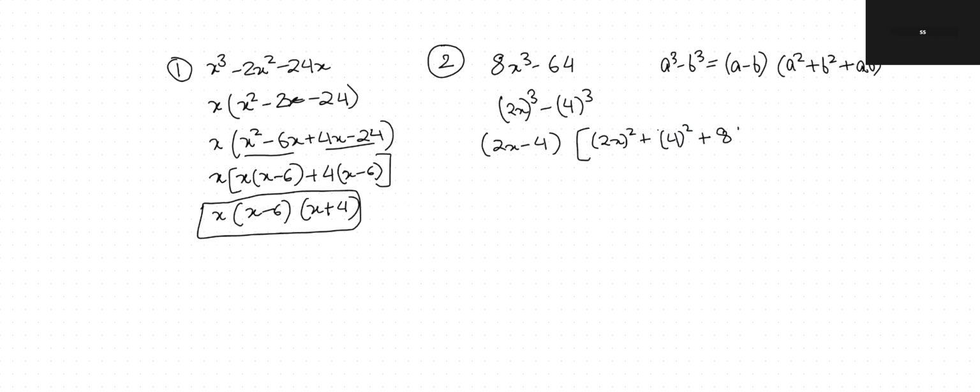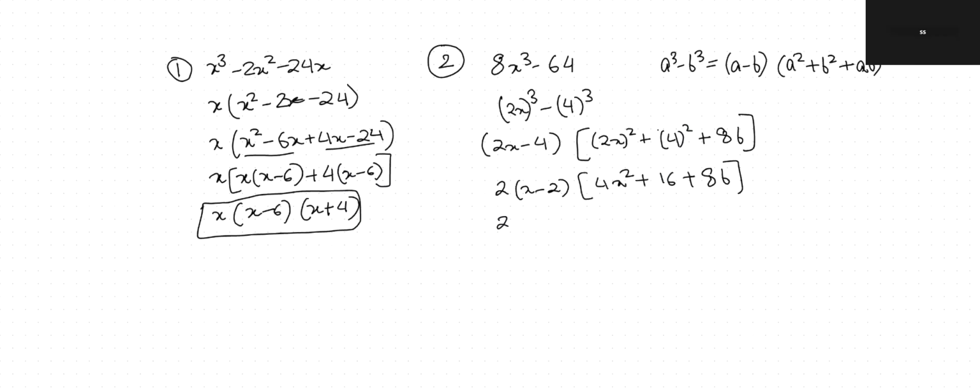Okay. So this will give us 2, we'll factor 2 out. Okay. And this will give 4x squared plus 16 plus 8x. Okay. We'll factor 4 out from here.